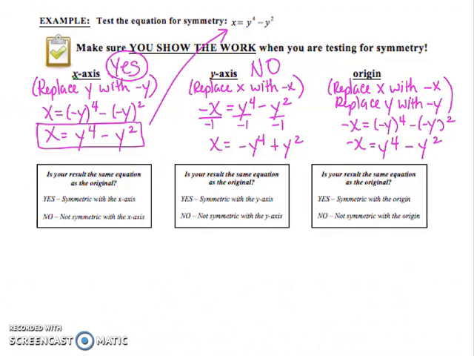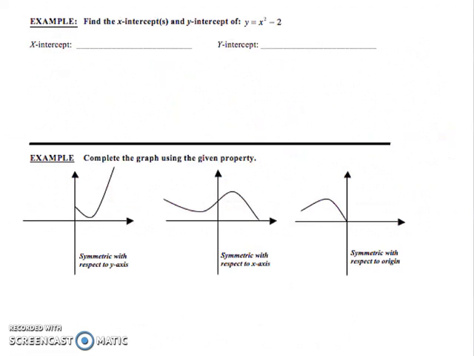And again, if we wanted to divide by negative 1, then we'd end up with x equals negative y to the fourth plus positive y squared. So once again, this is a no, right? So yes, we have the same equation and it is symmetric, and then no and no.